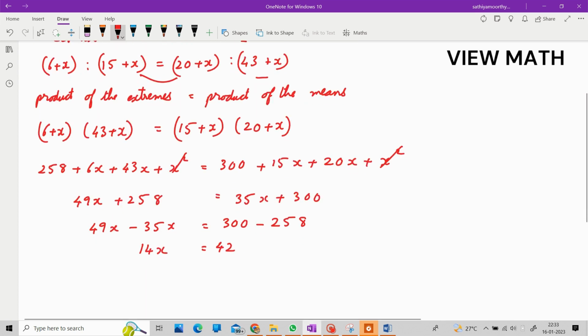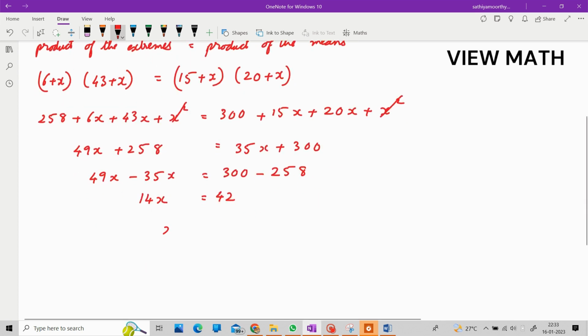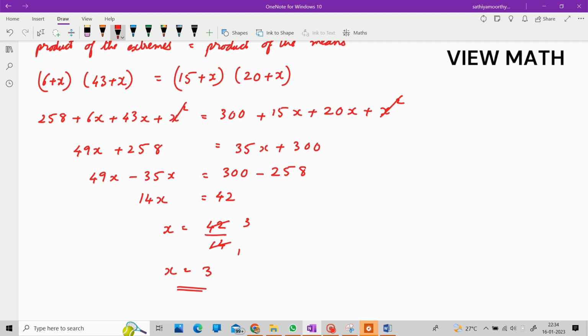So x is equal to 42 by 14. 14 times 3 is 42, so x is equal to 3. So we have found the value of x. The least number which is added is x equal to 3.